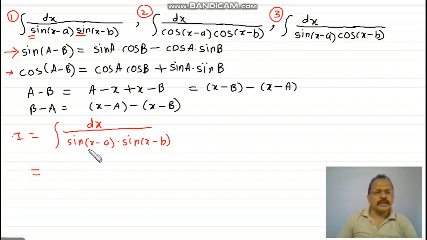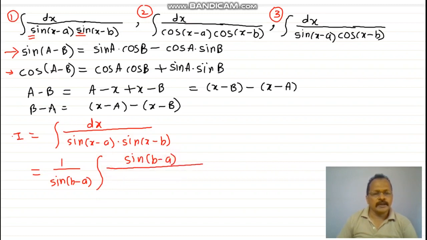Here I will multiply and divide by 1 upon sin(B minus A) outside of the integration, and multiply inside sin(B minus A), divided by sin(x minus A) into sin(x minus B). Now in the numerator for this B minus A, you can write (x minus A) minus (x minus B).